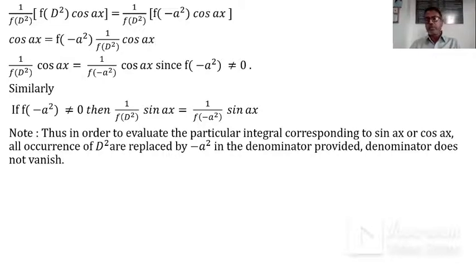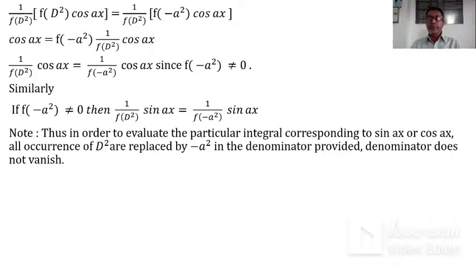Whenever in the denominator there is D square, we substitute D square by minus a square. But when substituting D square by minus a square, take the precaution that the denominator does not vanish. Then and only then we substitute D square by minus a square.